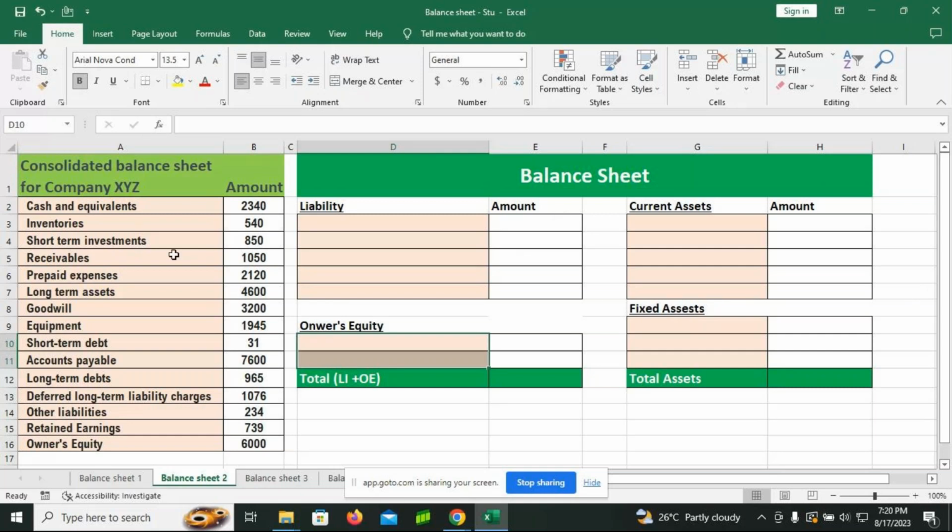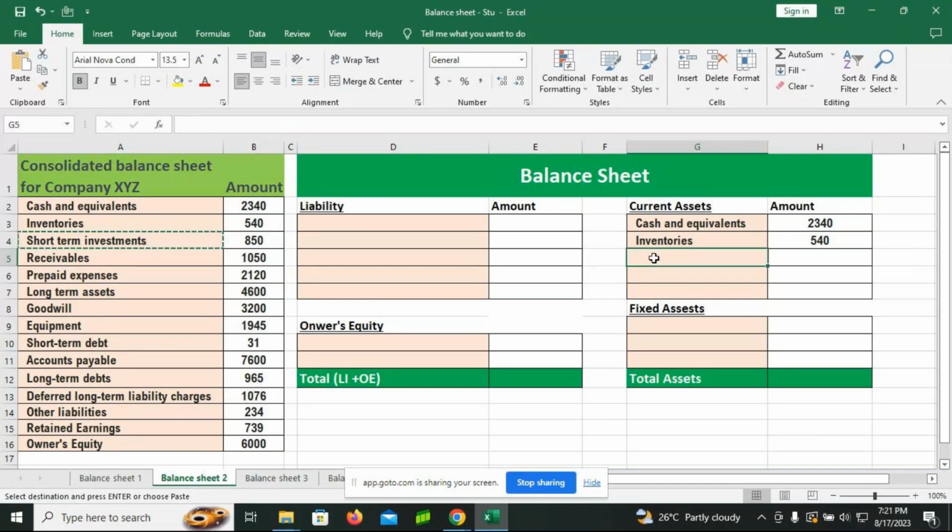Cash and equivalent should come under assets. Then inventories, that also will come under assets only. Then short term investments, assets.